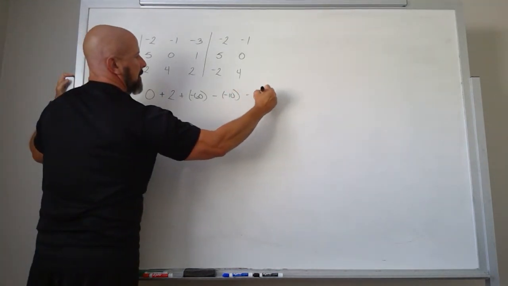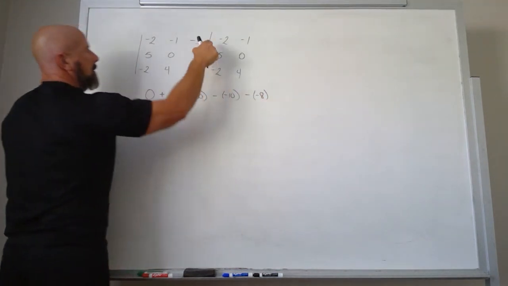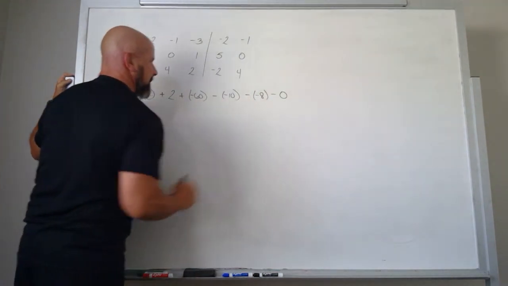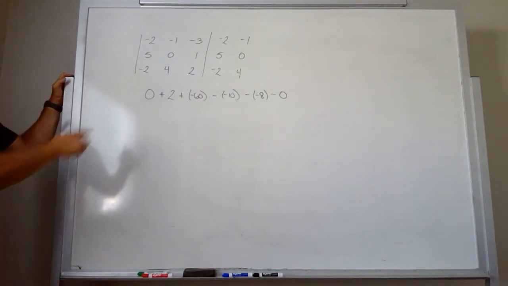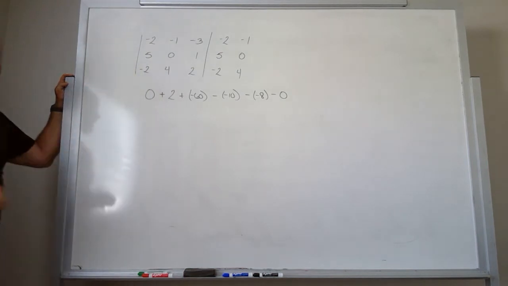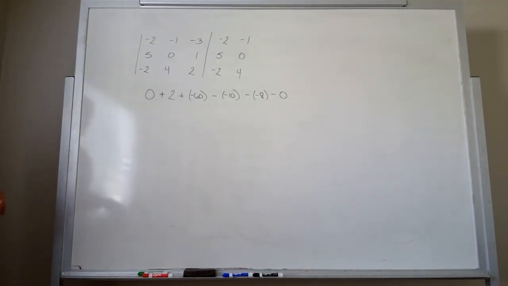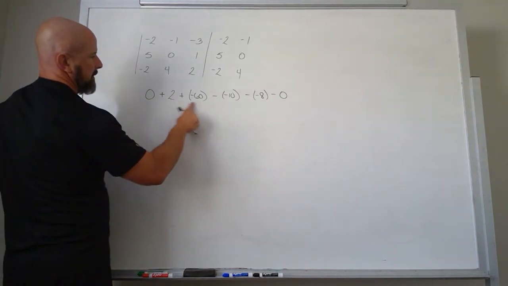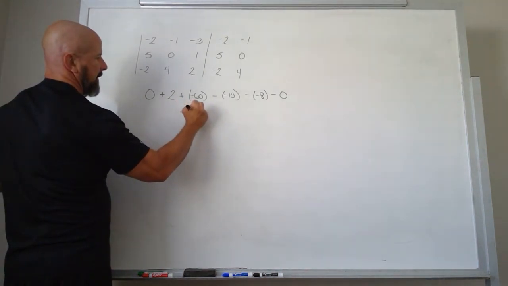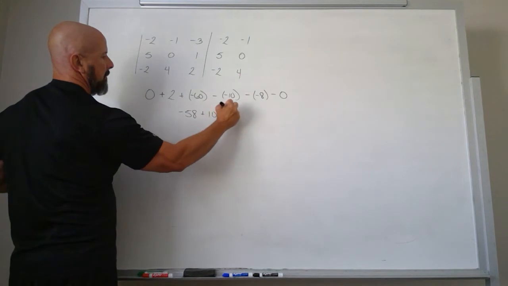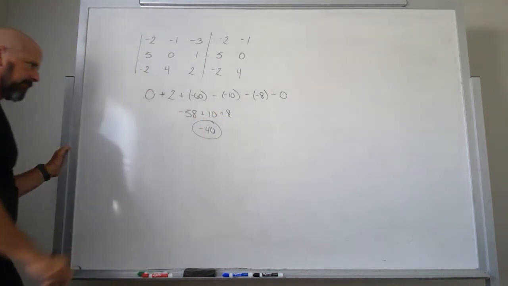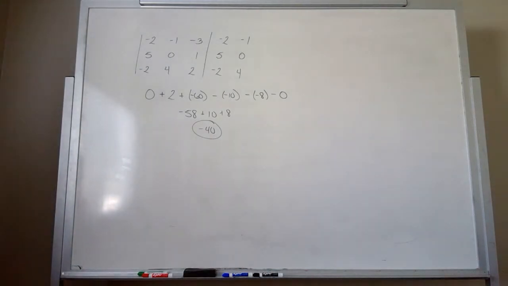Minus negative 8, minus 0. 0 here. Okay. Now we get our terms combined. The zeros aren't going to matter. This right here would be negative 58 plus 10 plus 8. So negative 40 would be the value of my determinant.